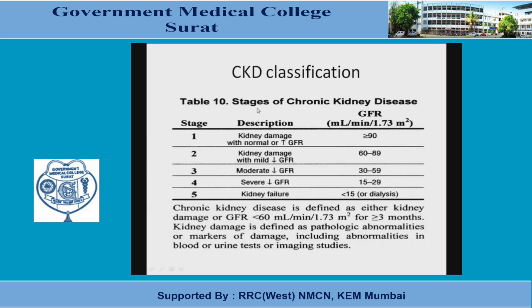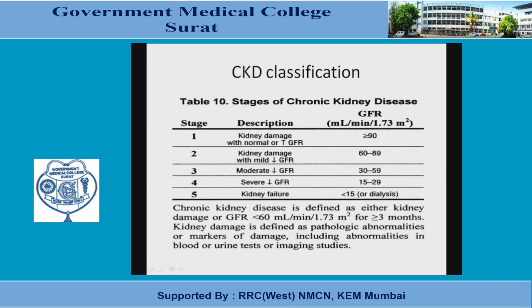Based on the GFR, CKD is classified into stages. What is the meaning of CKD? CKD is defined as either kidney damage, grossly detected by imaging testing or other blood and urine reports, or by GFR measurement less than 60.